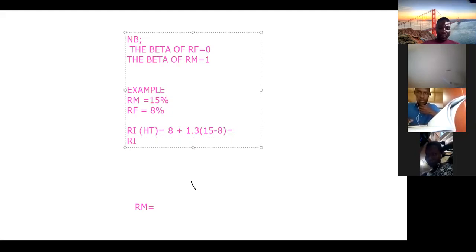RI for the next investment, which is market. So I'm going to shorten the market and make it MKT. Is going to be equal to 8 plus 1.0, 15 minus 8, equal to.